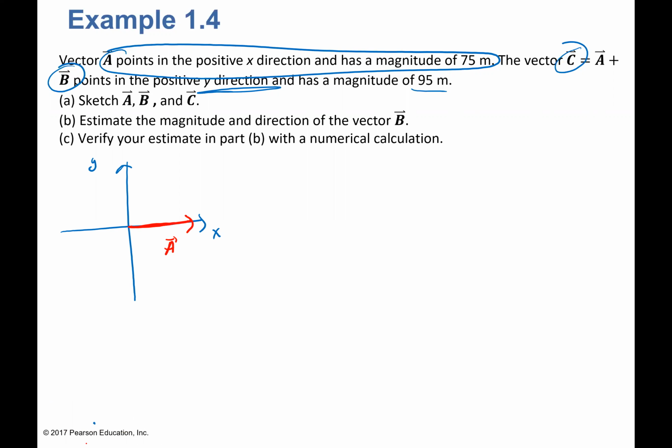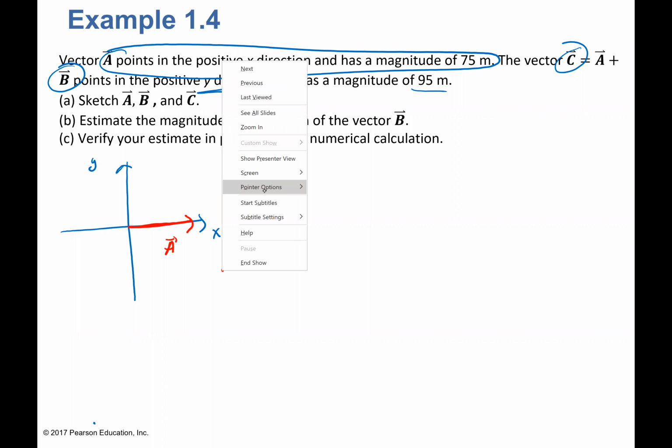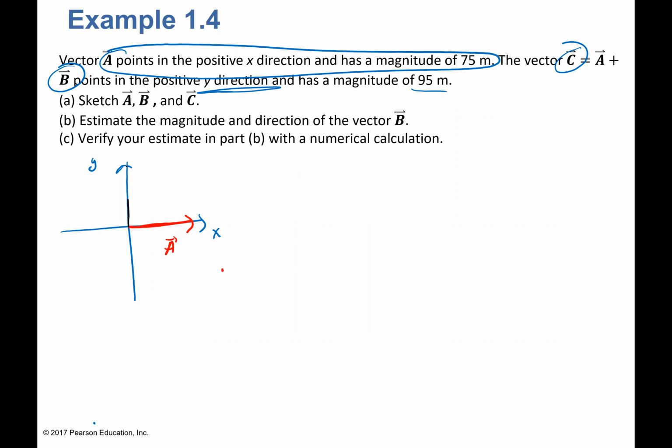Vector C, which is the resultant, is pointing in a positive y direction. So let me draw it like this. So this is then vector C. It's a little bit longer than vector A.